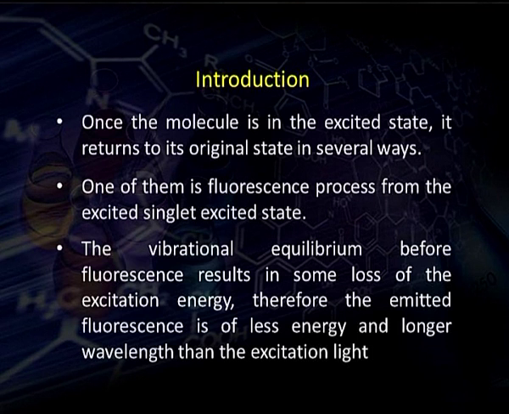Once the molecule is in the excited state, it returns to its original state in several ways. One of them is the fluorescence process. The vibrational equilibrium before fluorescence results in some loss of the excitation energy. Therefore, the emitted fluorescence is of less energy and longer wavelength than the excitation light.